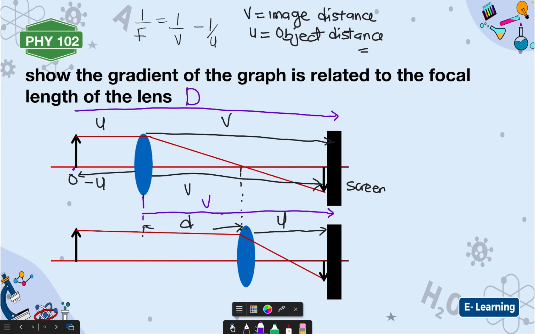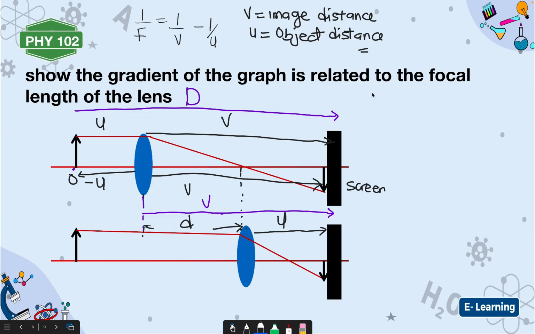Now let us do the arithmetic. That's why I said it's manipulative, but you have to listen. Some of you may not understand it because you don't understand the lens formula yet. You are supposed to be taught this topic before they give you this practical anyway. So I've already said that from the object distance to the image distance is our capital letter D. From this lens to the object is our U. From this lens to the image is our V, image distance, object distance.